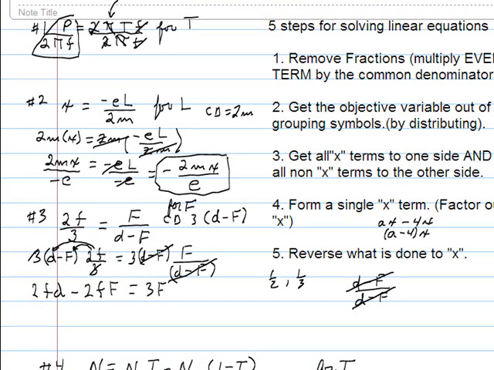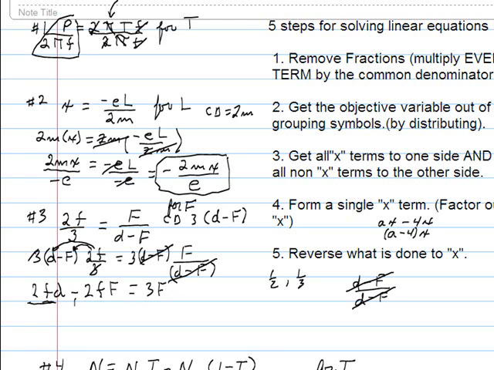And we have done step 1, get rid of fractions, and step 2, get big F out of the grouping symbol. Okay. Step 3, get all my big F terms to one side and all my non-big F terms to the other side. This is my only non-big F term. So if I get this big F term over to the right, I will have done step 3. All my big F terms will be on the right and my non-big F term will be on the left.